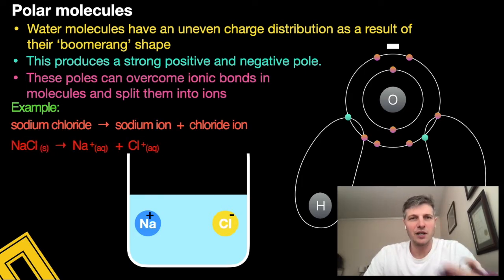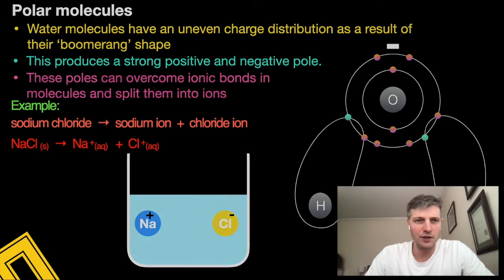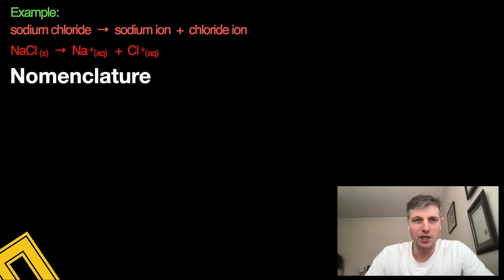The nomenclature we're going to start introducing here is NaCl with a little S, then Na plus with AQ, which is short for aqueous, and chloride, a negative ion, which is also aqueous. Using this example, let's check out this new nomenclature.